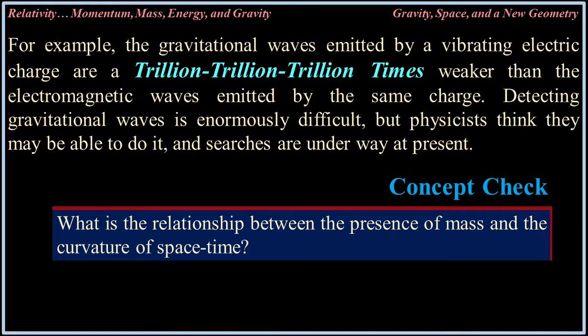Detecting gravitational waves is enormously difficult, but physicists think they may be able to do it, and searches are underway at present. Concept check. What is the relationship between the presence of mass and the curvature of space-time?